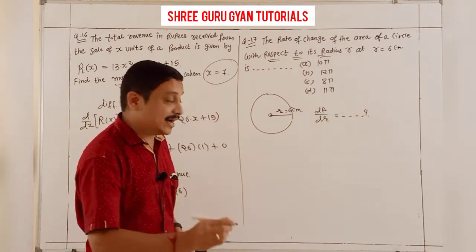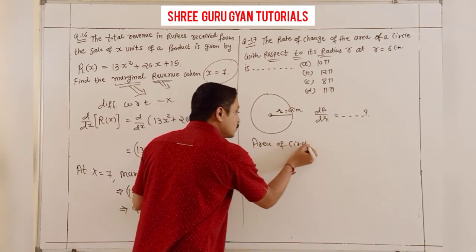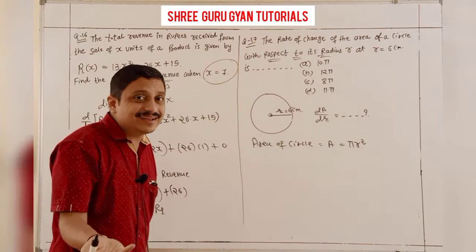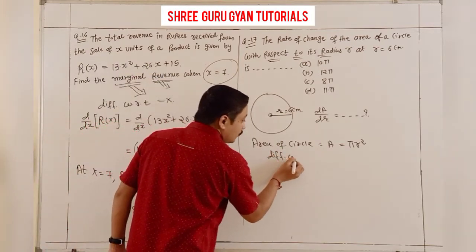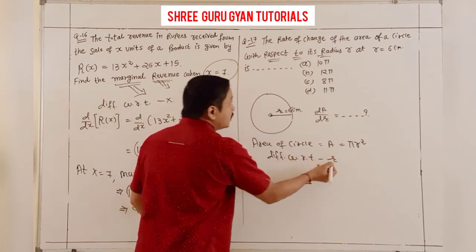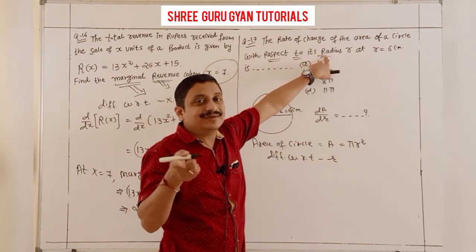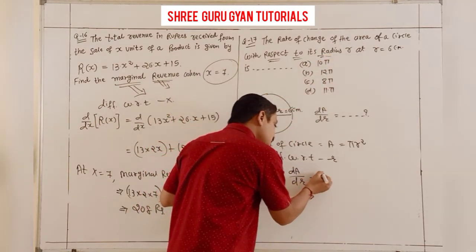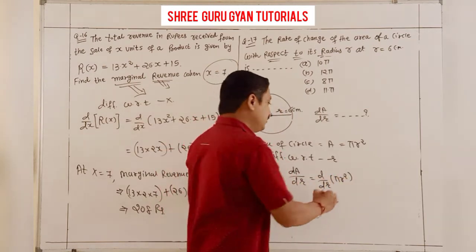dA by dr. Now the area of a circle is pi r square. You know very well, and start the derivative. Differentiation with respect to r. Always read the question properly. So dA by dr, here d by dr of pi r square, which is what?